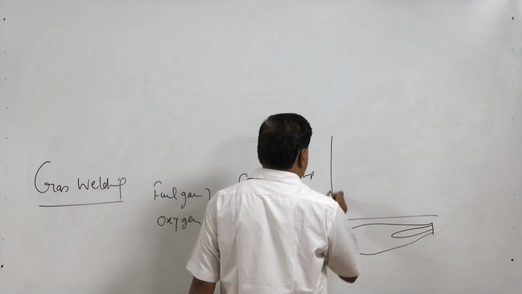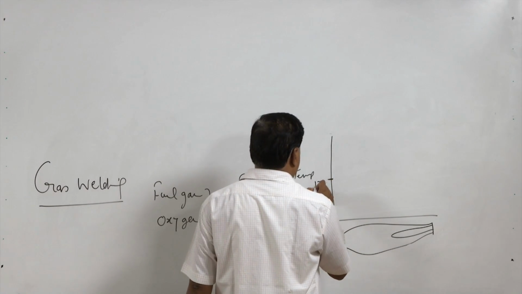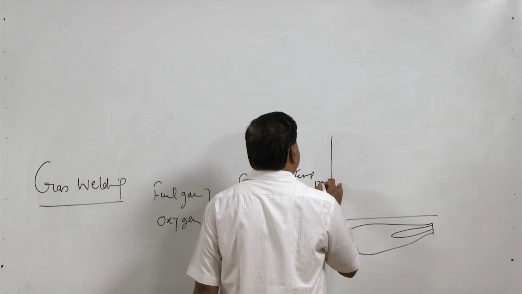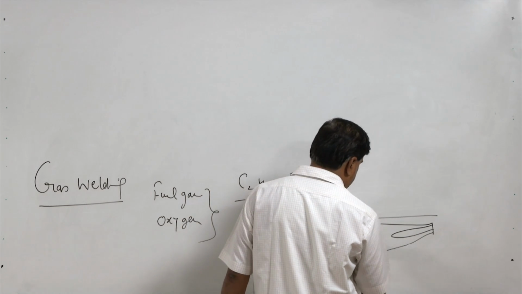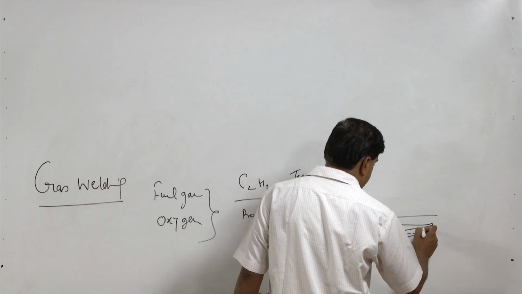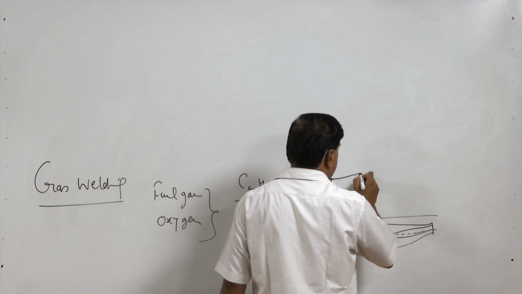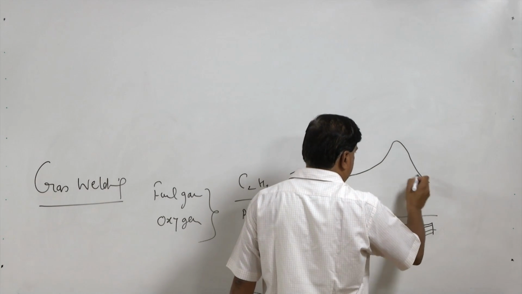Temperature at this end is about, say, 1275 degree centigrade, and then on approaching along the axis of the flame, this temperature will keep on increasing, and thereafter it will start falling down.